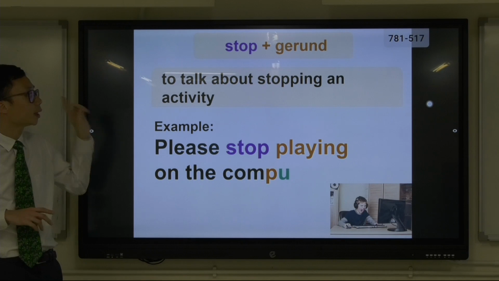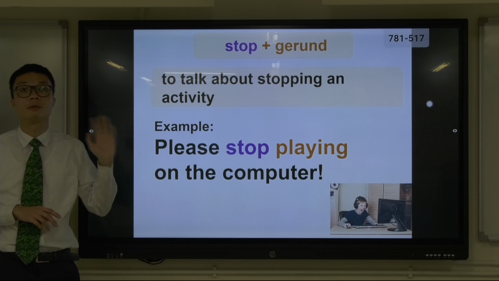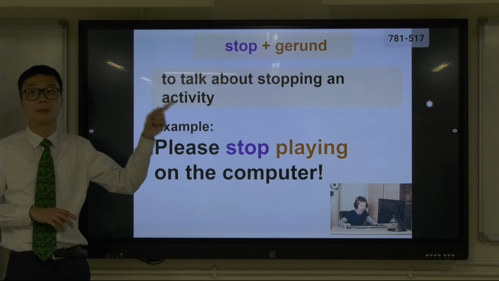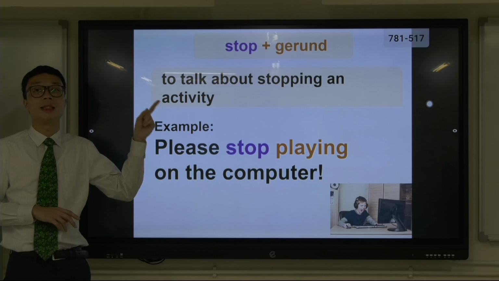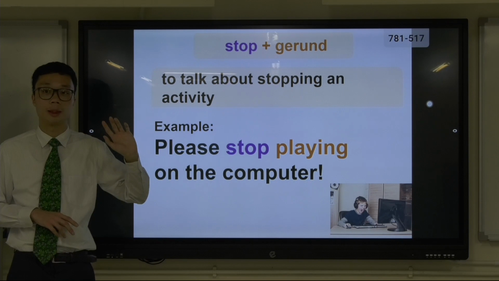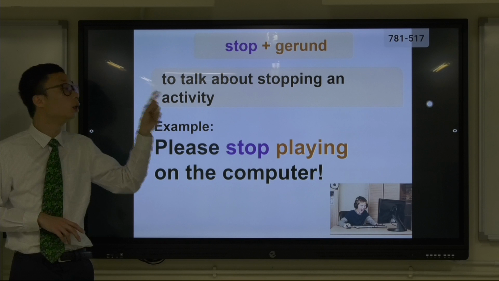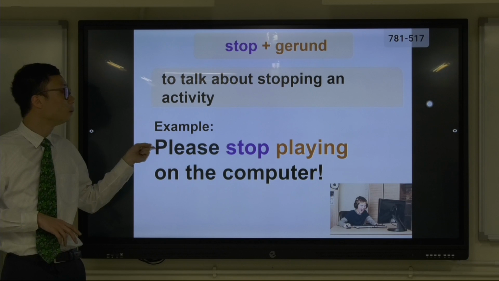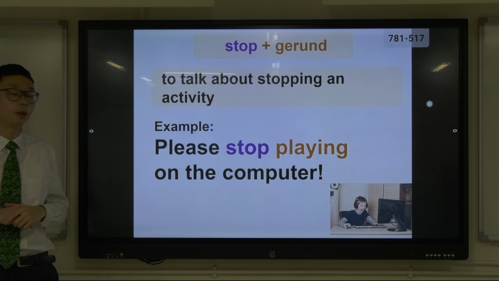Now we look at the gerund. If we use stop and gerund, there is a big difference. It talks about stopping an activity, which means stopping the action now. The earlier one was stopping and then doing something else; this one is stopping directly. This is an example: Please stop playing on the computer.